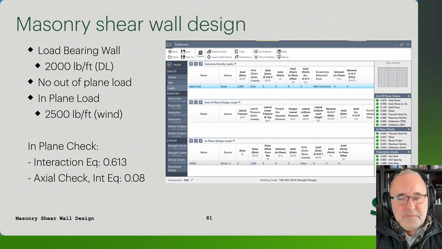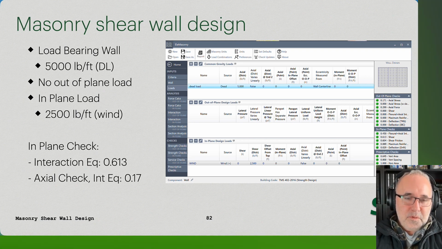If I change that wall and add some axial force, just a simple 2,000 pounds per foot load with the same in-plane force, it gives us an in-plane check, the interaction equation, of 0.613, and an axial check of 0.08, so we know we're well within the vertical limitations.